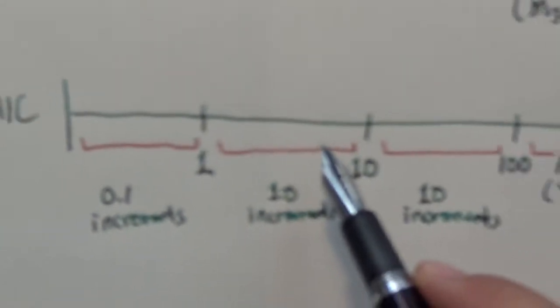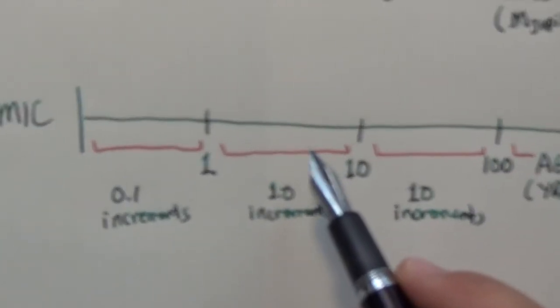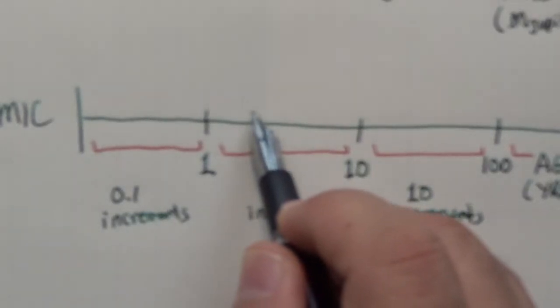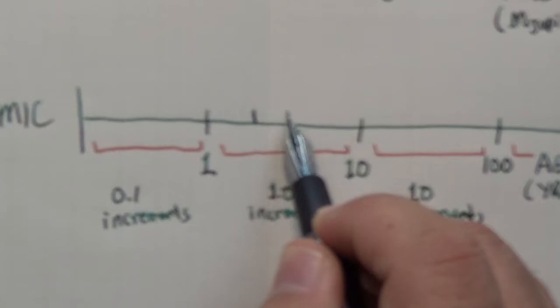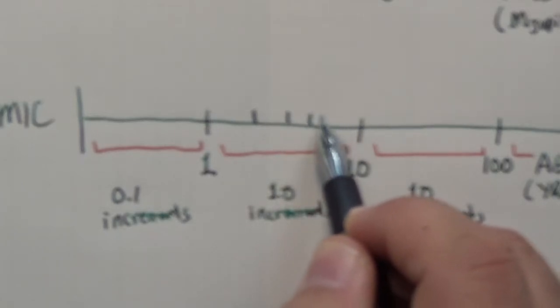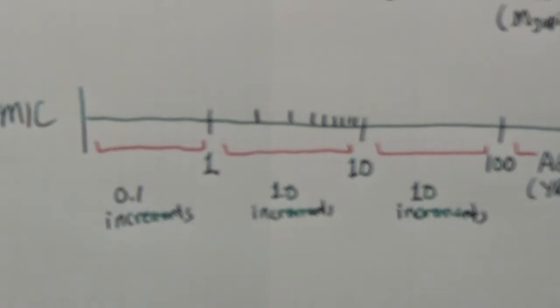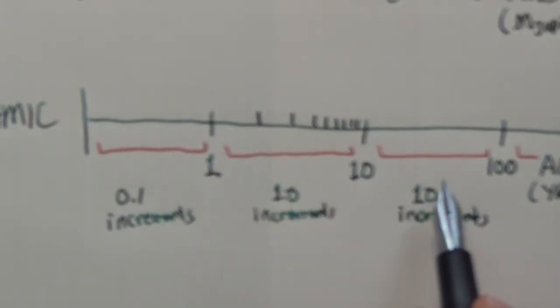I'm going to divide this increment up into 2, 3, 4, 5, 6, 7, 8, 9, and they get closer and closer together as you go across the interval.